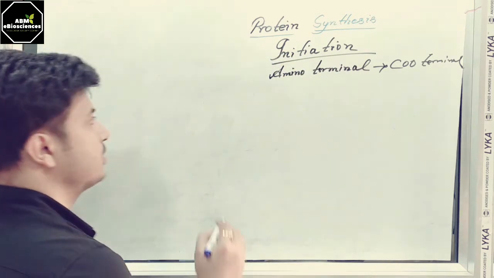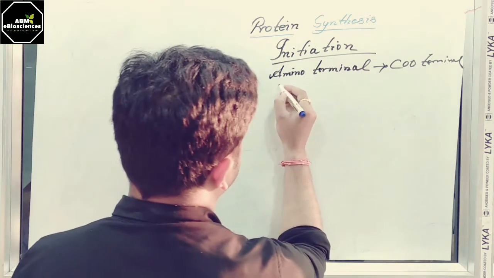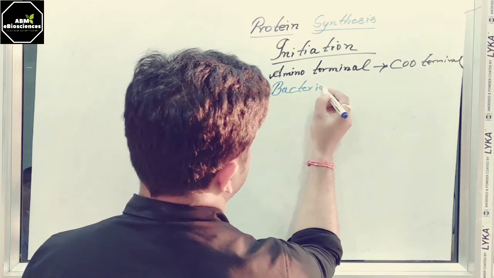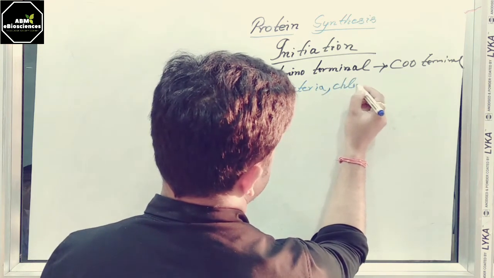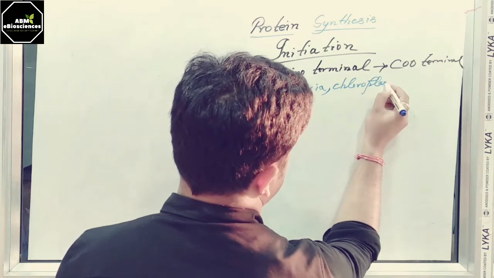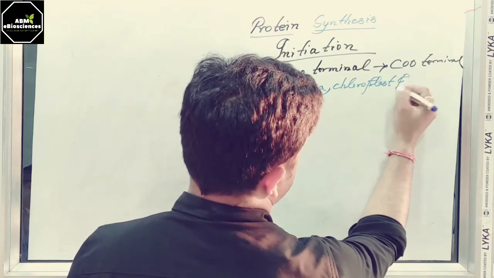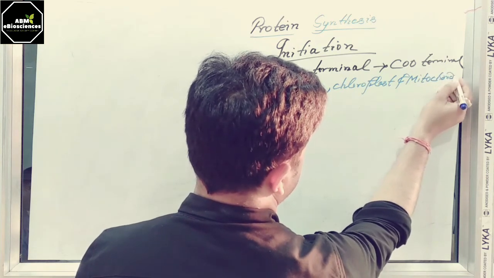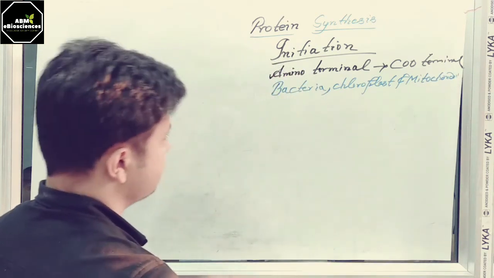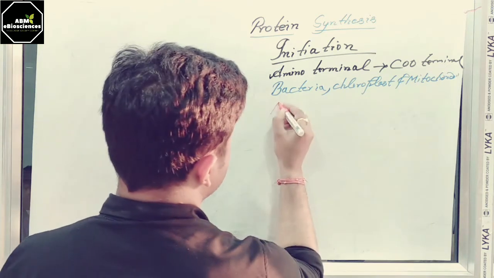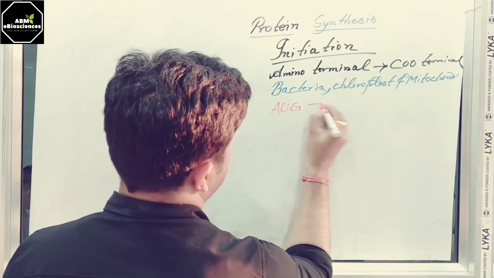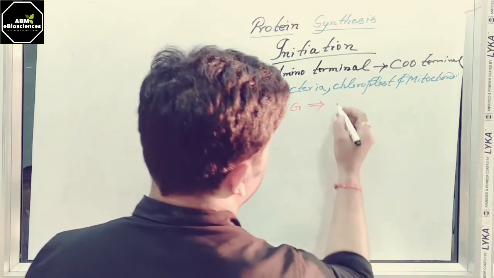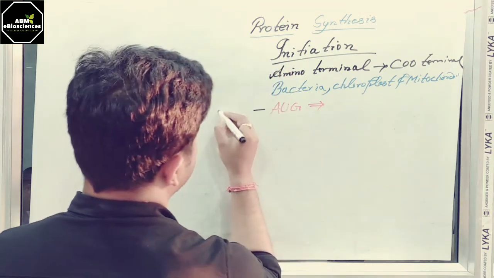Now, in the case of bacteria, chloroplast and mitochondria, the initiator codon, which is AUG, actually codes for methionine.